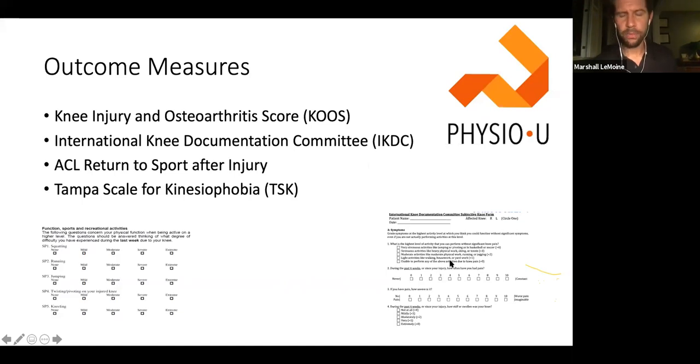And so those are part of the criteria to return to sport with less risk, right? Partly it tells you how well their knee is functioning. Partly it tells you how confident they are, right? And then I threw in this Tampa Scale for Kinesiophobia because, again, 20% of people don't return to sport because of the psychological fear of re-tears.